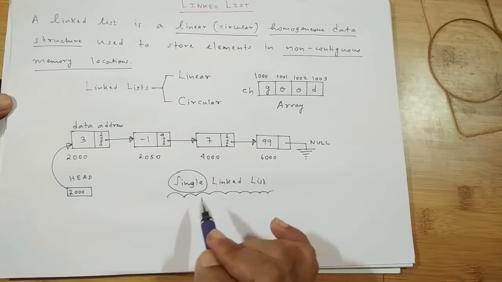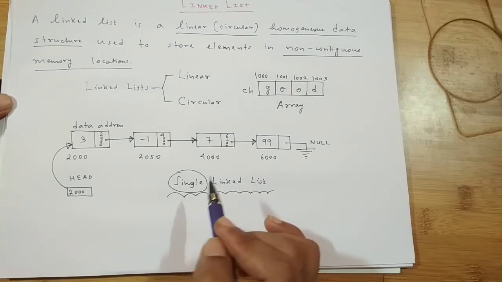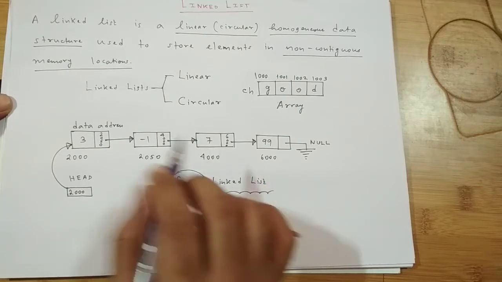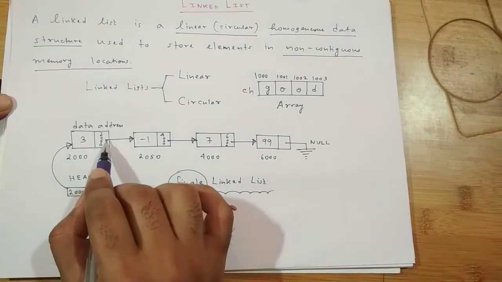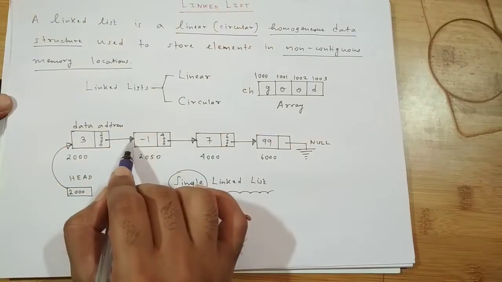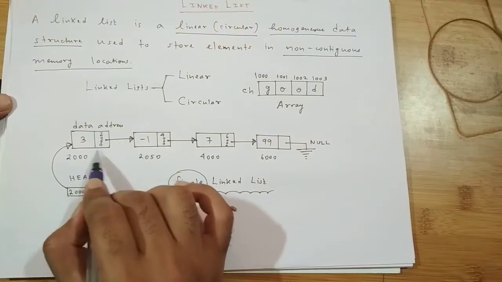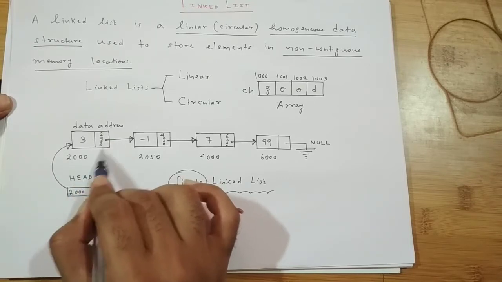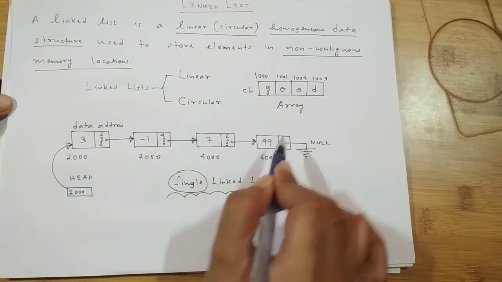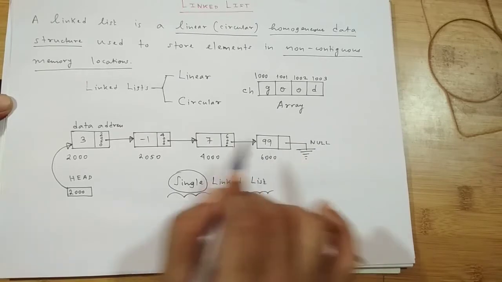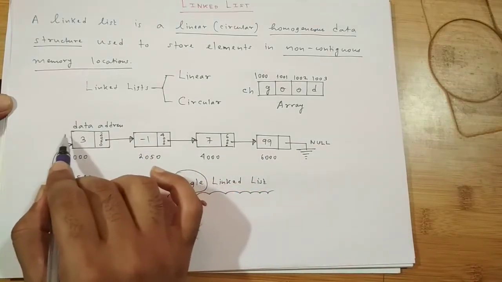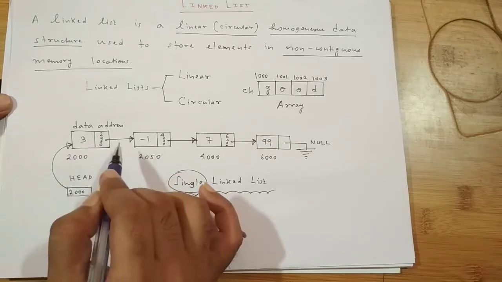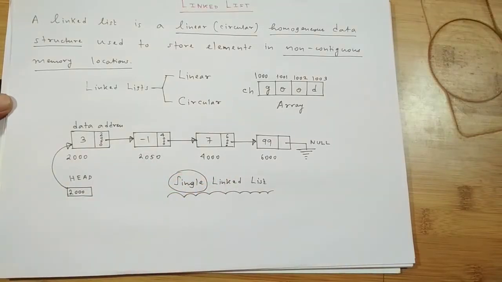We'll look at double linked lists in detail in later videos. For now, try to understand what a single linked list is and why it is called so. Since every node has only one pointer coming out from it, that means it has only one address part. Every node has only one address part, as you can see. Had you had 2 address parts for every node, then such a linked list would have been called a double linked list.